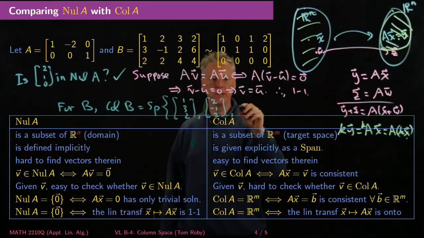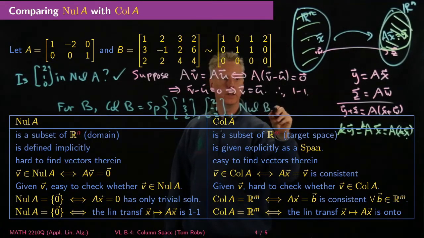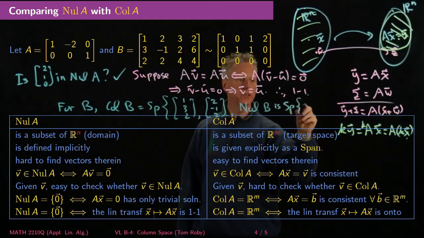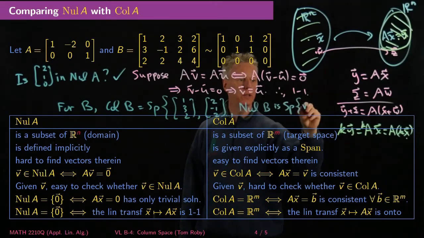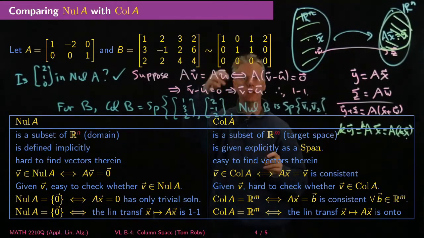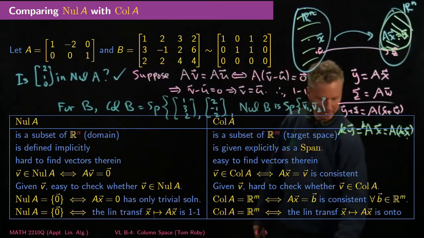And the null space is the span of two vectors, which I'll just call v1, v2, because I don't want to write them down now, but you know how to take that and translate it into a solution.